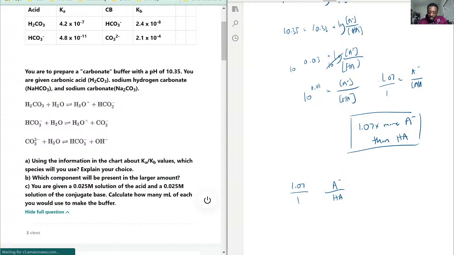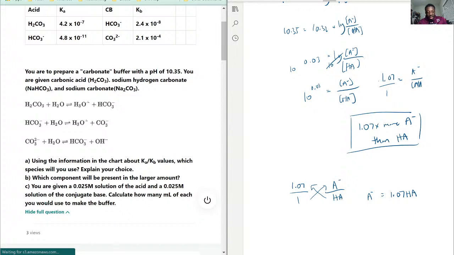And so with this, what we can do is you have to add 0.25 moles of each. We need to understand the mils. To solve for this, we would then cross multiply first to be able to get A minus is equal to 1.07 HA.